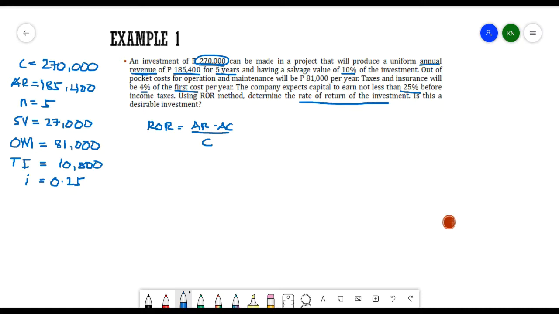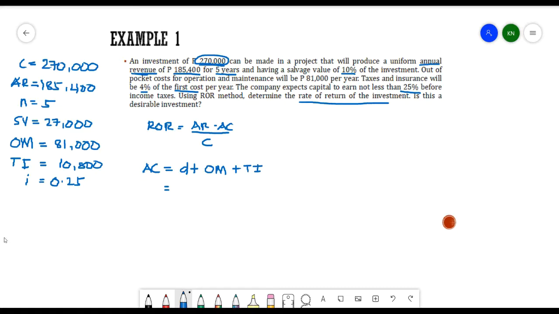So for the AC, again, annual cost includes the depreciation, the overhead, the labor and material cost, the rental, tax, and insurance. So we need to add all of them. So again, we have the AC equivalent to the depreciation plus our OM, or the operation and maintenance, plus the taxes and insurance that we have here.